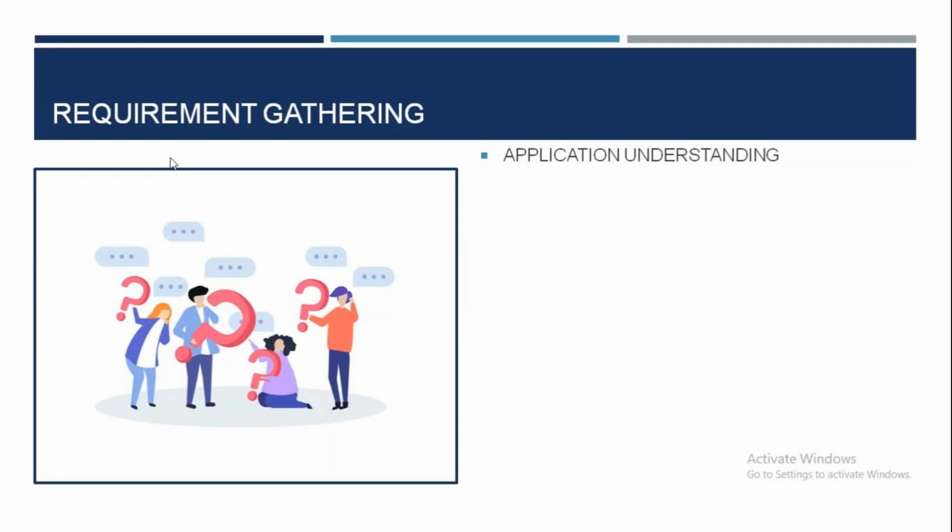Now, the functional testing team will go through the software requirement specification document, the business requirement document, and all those documents, and also discuss with the development team members, business users or other stakeholders to understand the application, and they will write the test cases. But they have to understand the application in detail, because they have to cover each and every functionality, as well as the positive and negative scenarios.